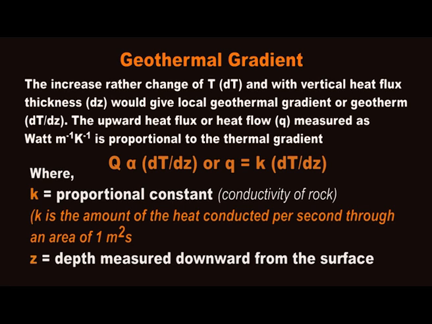Upward heat flux or heat flow q, measured in watts per square meter, is proportional to the thermal gradient, that is q equals k dT divided by dz, where k is the proportionality constant known as the conductivity of rock. k is the amount of heat conducted per second through an area of 1 square meter, and z is the depth measured downward from the surface.